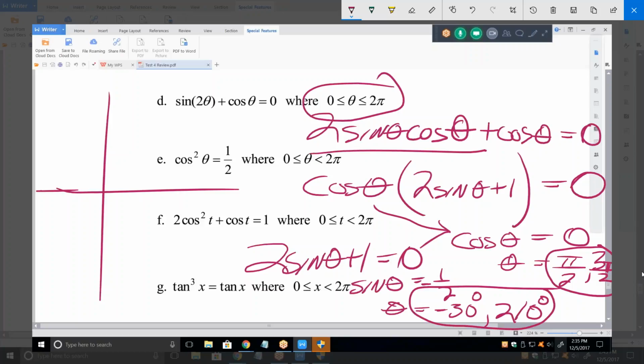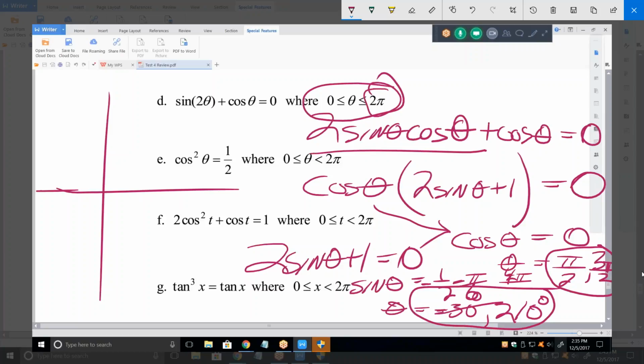I guess since they're defining the domain in terms of radians, I should leave everything in radians. So minus 30 degrees is minus pi over 6. 210 degrees is 2 pi over 3. No, excuse me, 4 pi over 3. Hold on, let me think for a second. That's pi plus pi over 6.